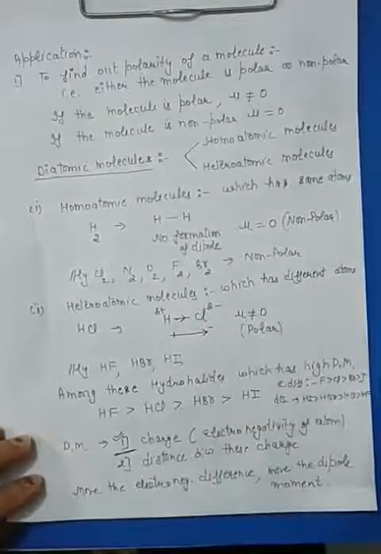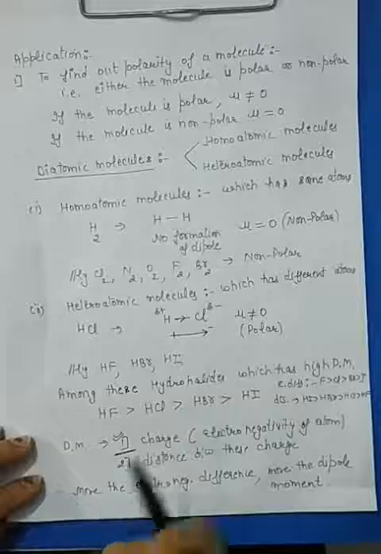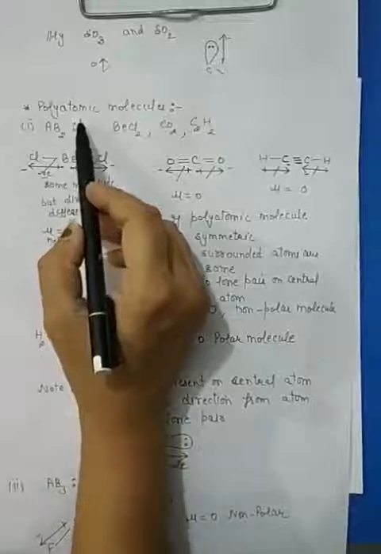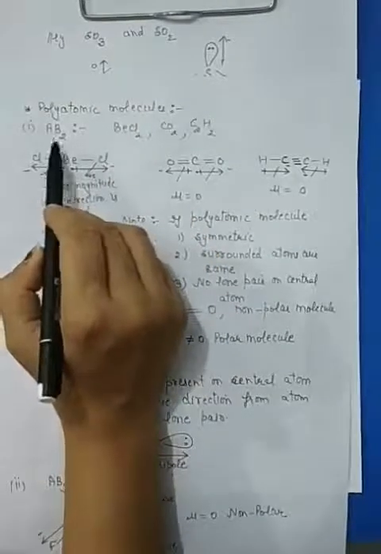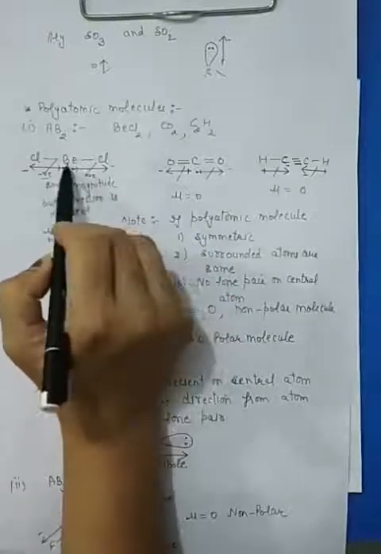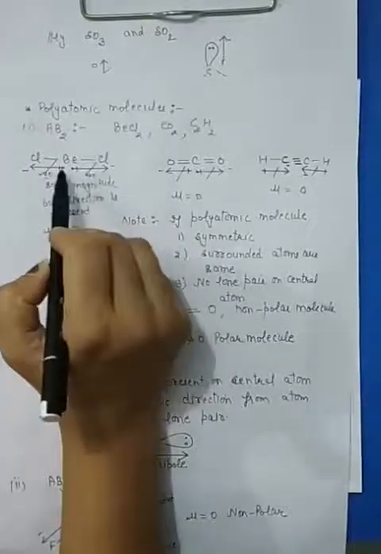Now we increase the number of atoms one by one, and next we see the polyatomic molecule having 3 atoms. Among the 3, one is the central atom and the other atoms are linked with it.